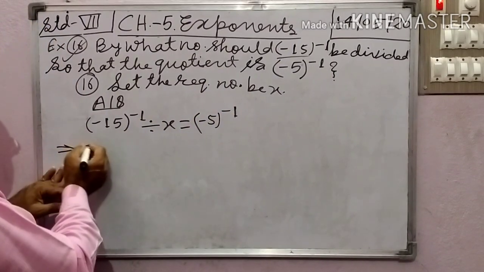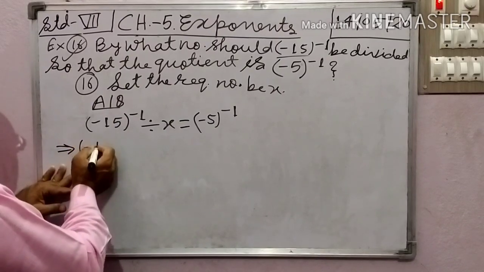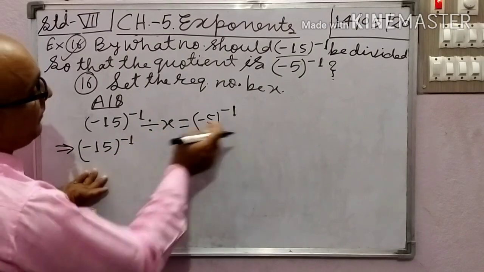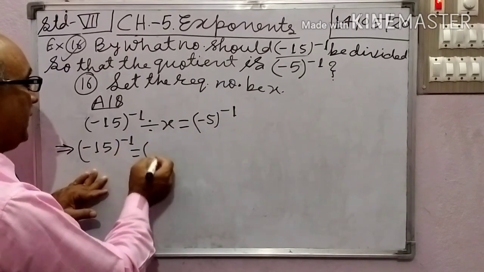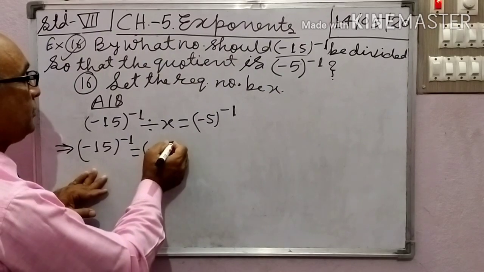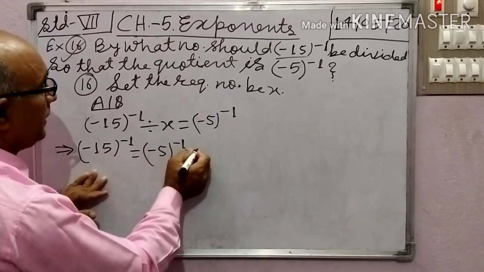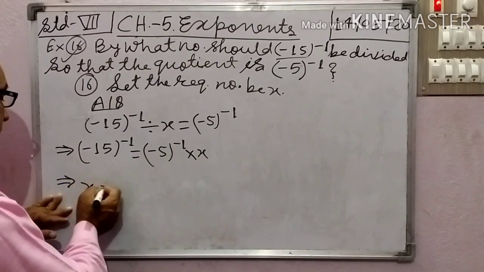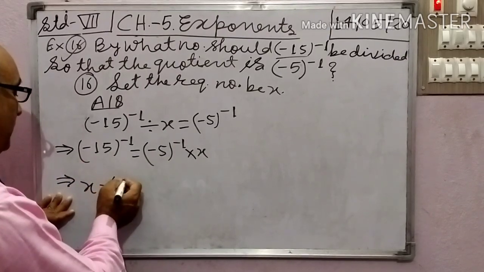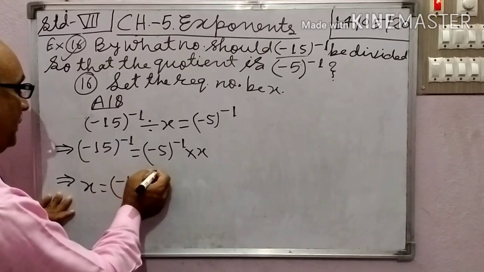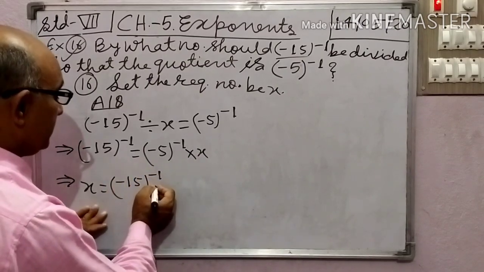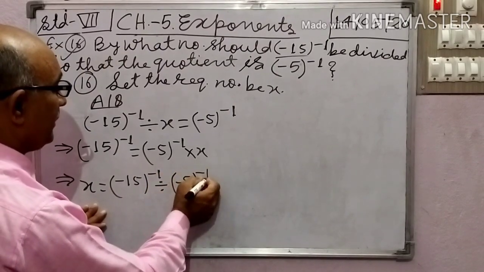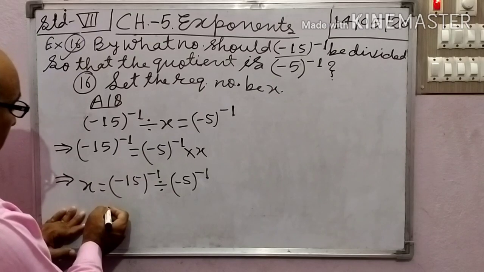That implies (-15)^-1, divide by transposition change into multiply, so (-5)^-1 multiply x. That implies x equals (-15)^-1 divided by (-5)^-1.